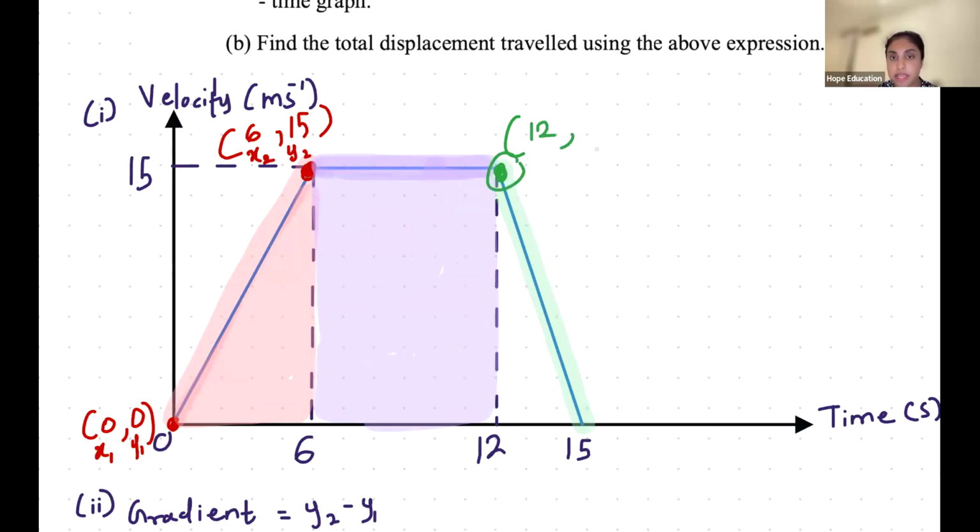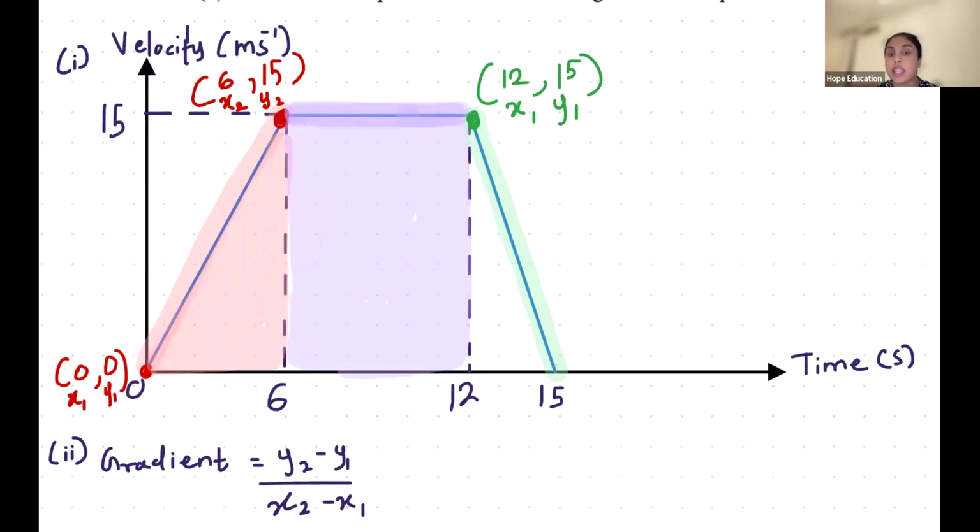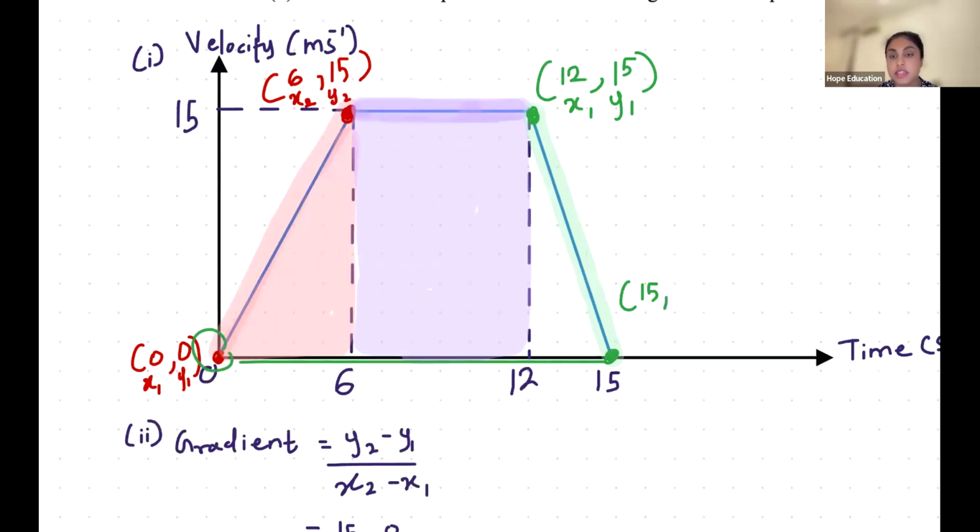So that is our first point in this section. So I say this is x1 and this is y1. Then if you take this point, the x value is 15 and the y value is 0. So this is our second point in this section. So this is x2 and this is y2.